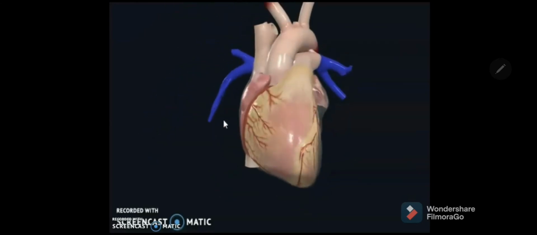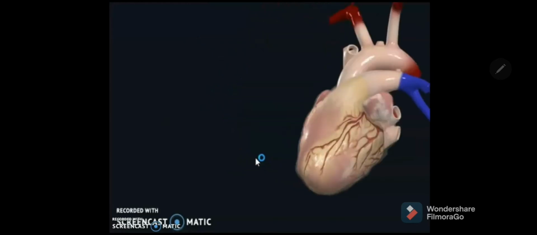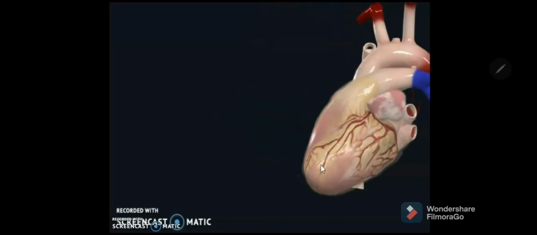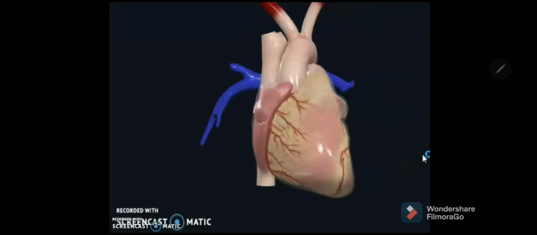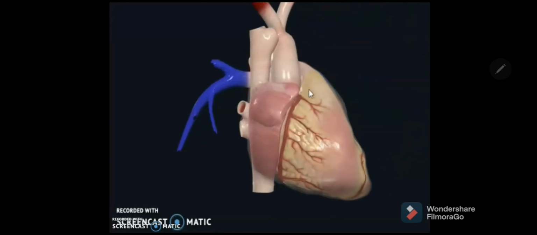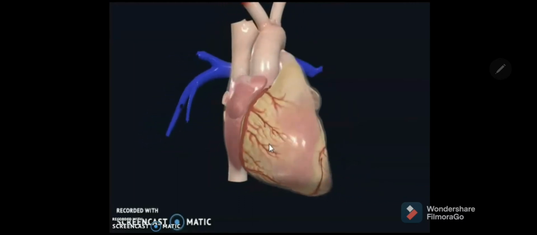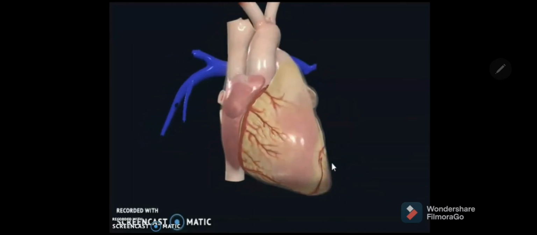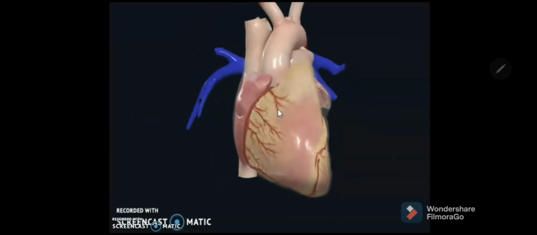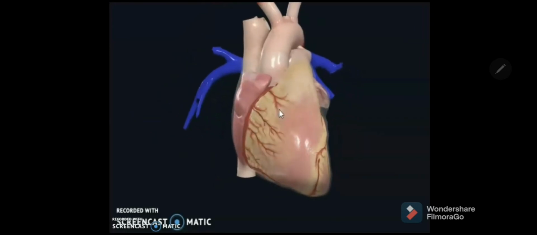If you turn here, that is the apex formed by the left ventricle, and here you are seeing the entire left ventricle. The left ventricle is thicker than the right ventricle. This is the sternocostal view, right atrium, right ventricle, and here you can notice that is the part of the left ventricle there.